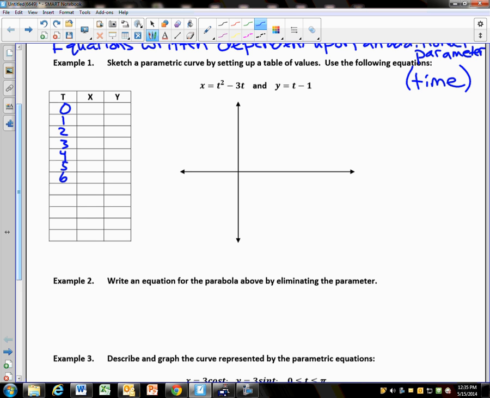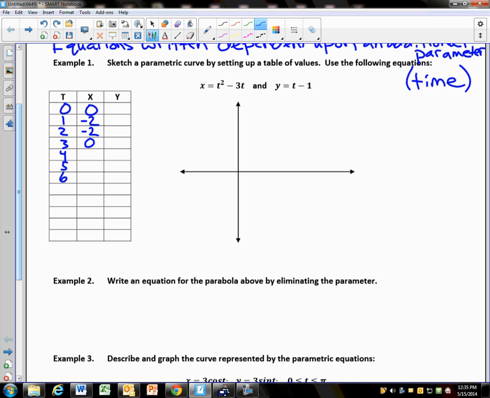For example, what is 0 squared minus 3 times 0? What is 1 minus 3? What is 4 minus 6? How about 9 minus 9?